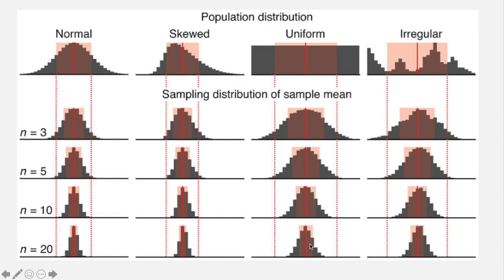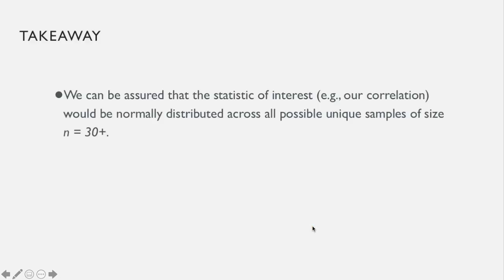Each data point represents a different mean. This person had a different mean than this person. But then we found the mean of all the means. So the takeaway: we can be assured that the statistic of interest would be normally distributed across all possible unique samples of size 30 or more.